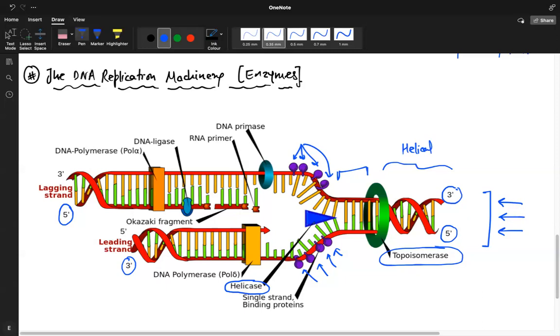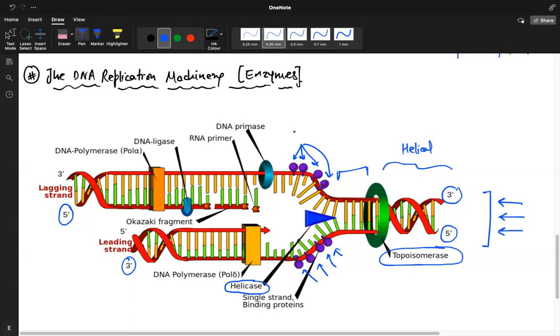Like an arrow, it's going and opening the zipper. It actually looks like a zipper. If you just make a thing like this, you will think that you are just unzipping a zipper, right?